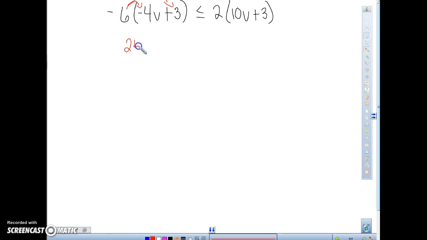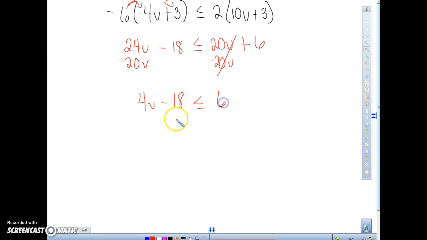So you get 24v minus 18 is less than or equal to 20v plus 6. Subtract your 20v. So you have 4v minus 18 is less than or equal to 6. Add your 18 to both sides.